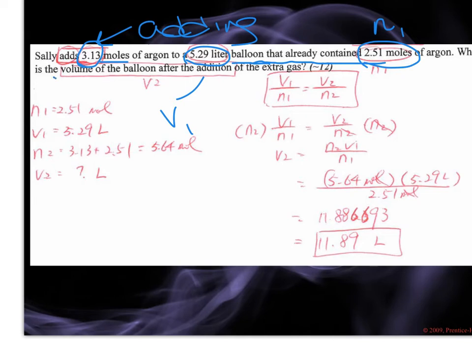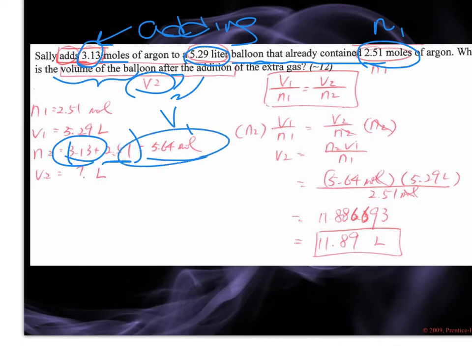They're asking us to solve for V2. And what is N2? How many moles do I have in there at the end? So if you were savvy enough here, you might figure out the total moles in that balloon at the end were the original moles, 2.51, plus what was added, 3.13, for a total of 5.6 moles, and that is N2.